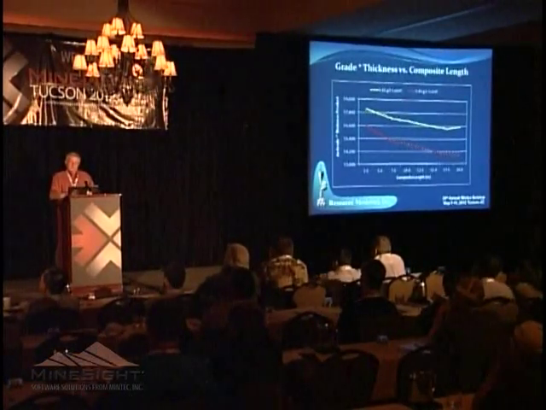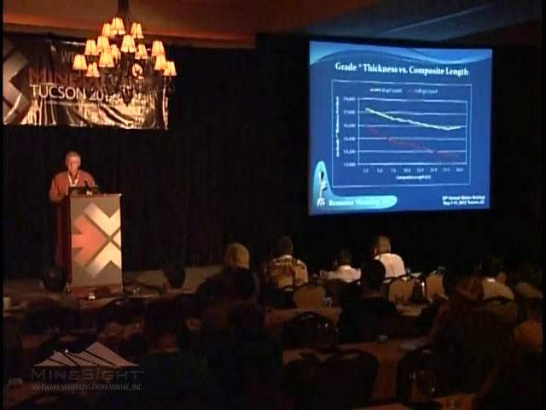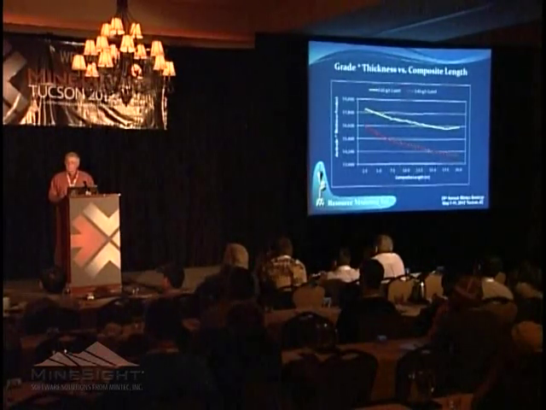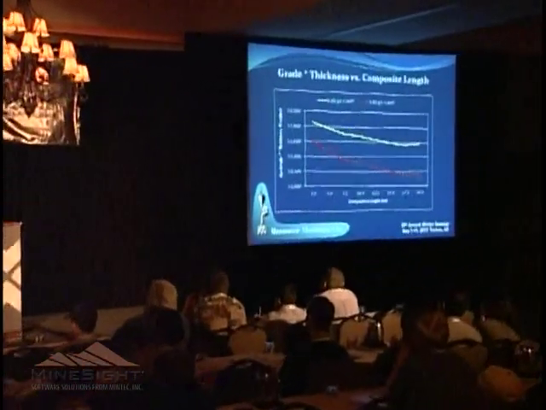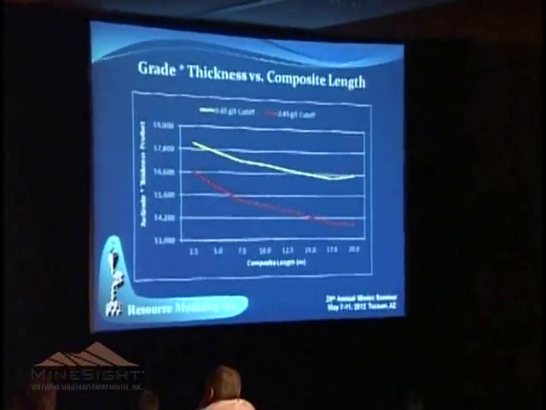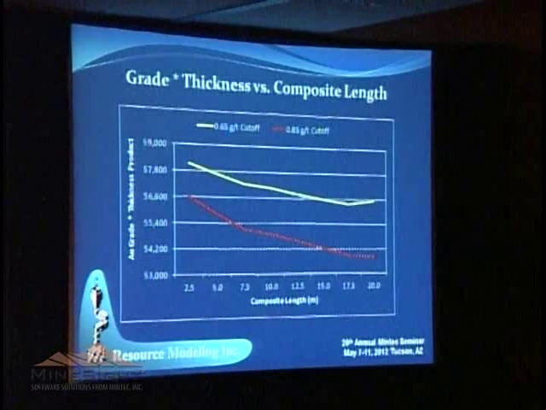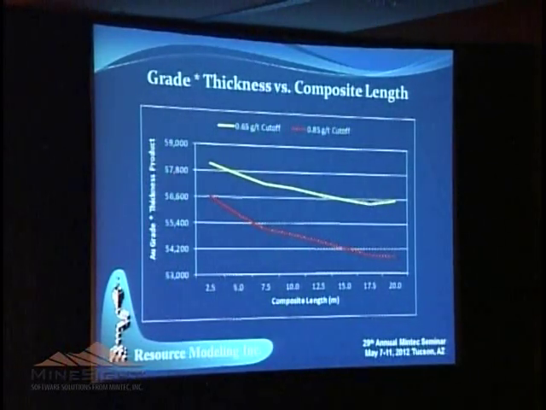And so this composite length study gives us some sort of inkling as to how much internal dilution we're carrying and how much dilution we've got in our final block model. And in some cases, the amount of that internal dilution may be so well accounted for just by compositing that the mine planners will use maybe nominal dilution for their mine plans.